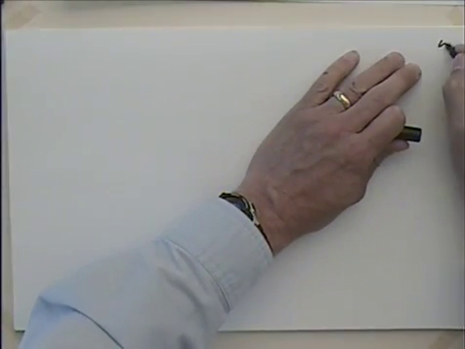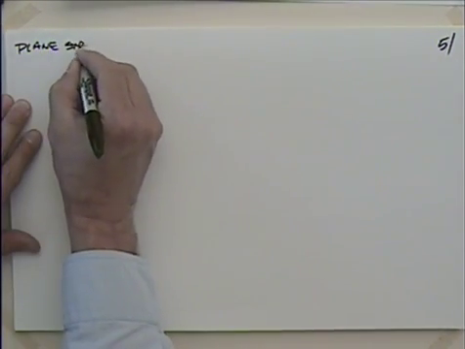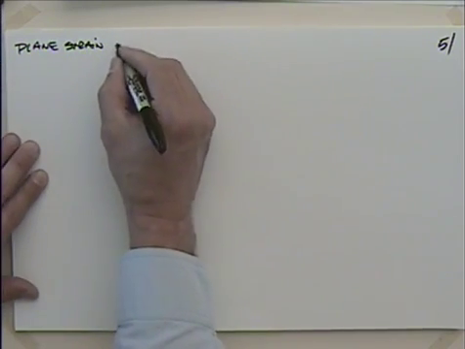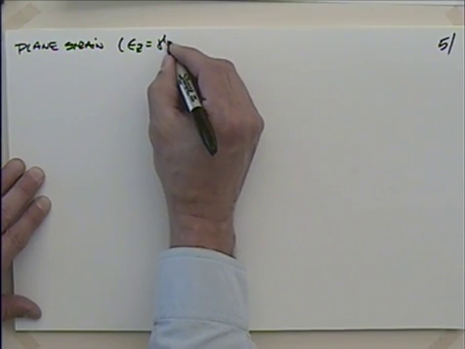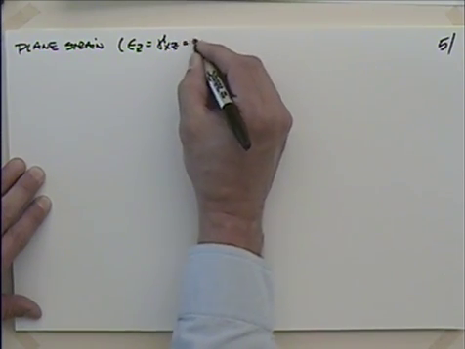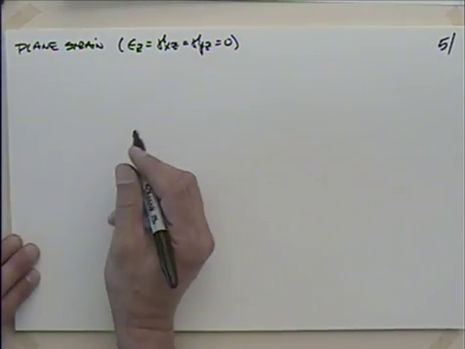So we'll start out with a plane strain problem, which is to say that epsilon z is equal to gamma xz is equal to gamma yz is equal to 0. That's what we mean by plane strain.